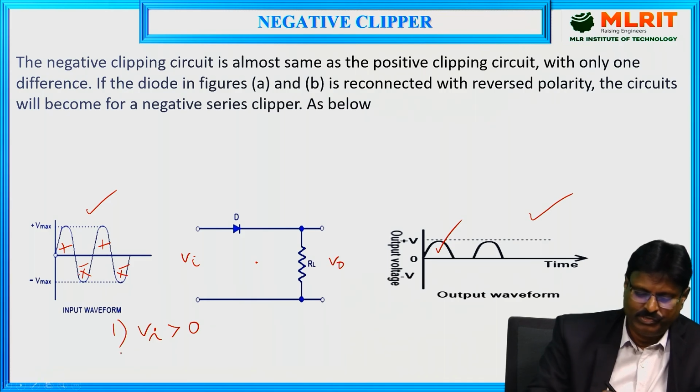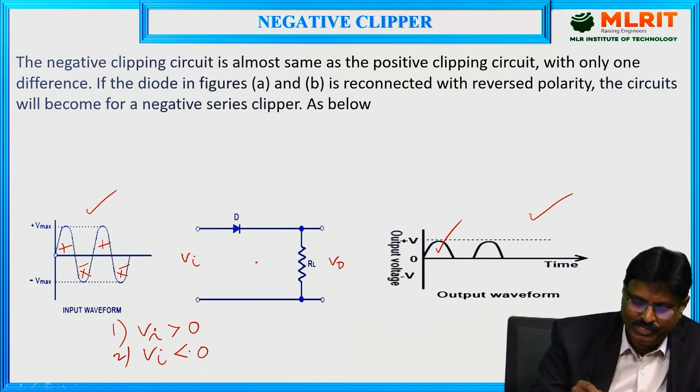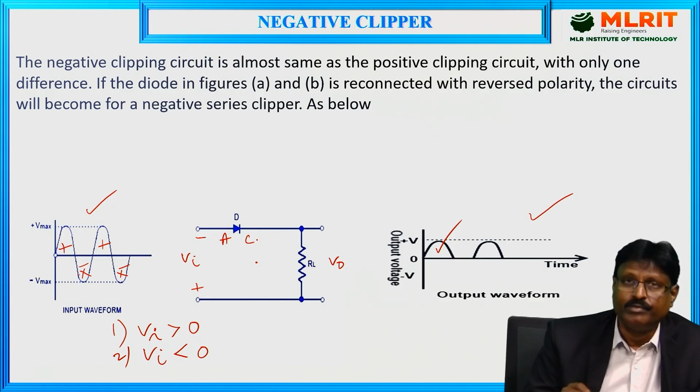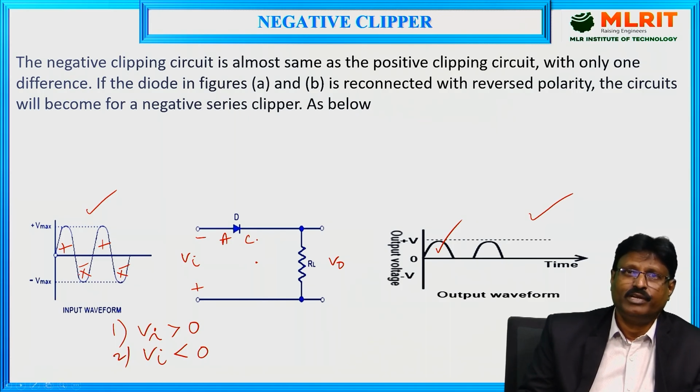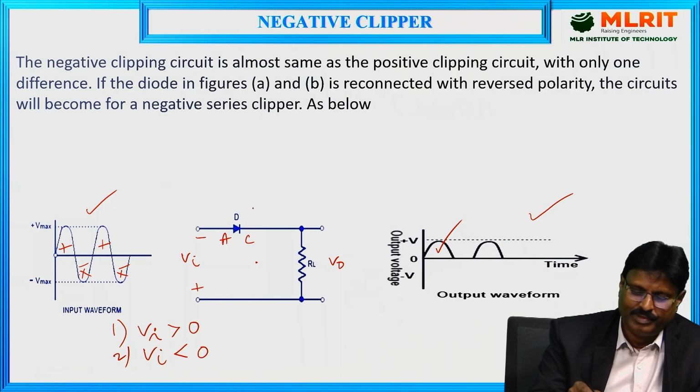Let us take case 2. Vi less than 0 means this will be minus and this is plus. So the anode is at lower potential when compared with the cathode. Anode at lower potential when compared with the cathode means what happens to the diode? The diode will be reverse biased.